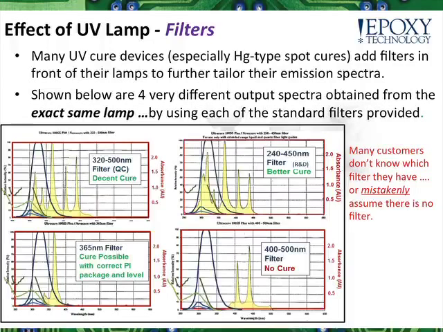Overall, we actually prefer no filter to be used. That said, the critical wavelengths for curing a UV system are going to be about 250 to about 400 nanometers. So making sure that those wavelengths are fully transmitted is going to be important to get a good quality of cure.